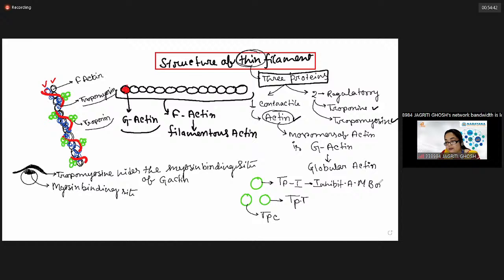Just the same function as tropomyosin. TPT binds with tropomyosin and keeps the tropomyosin in proper place.